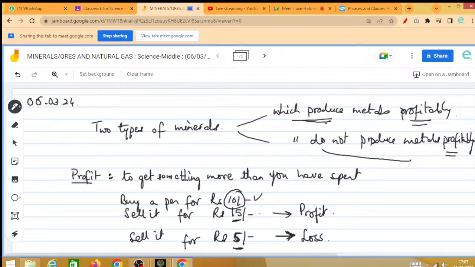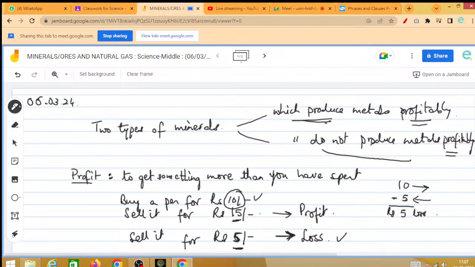Tell me. How is it a loss? No, it is correct. 10 rupees I have spent. What I get in return is 5 rupees only. We have given more money, but we get less money. So it is a loss. So 10 minus 5 is 5 rupees loss. Okay?